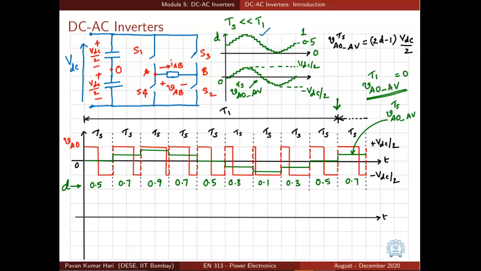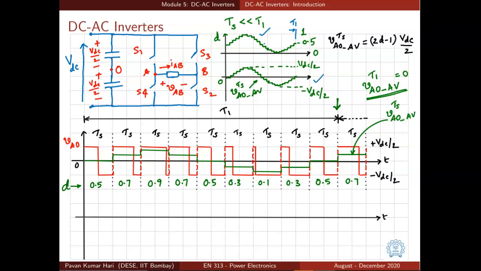In between it comes back to 0.5, and then it comes back to 0, and again reaches 0.5 by the end of T1. So let's say this is T1. For such a duty ratio variation, what will be our average value of VAO over small TS? It will have a variation shown like this.